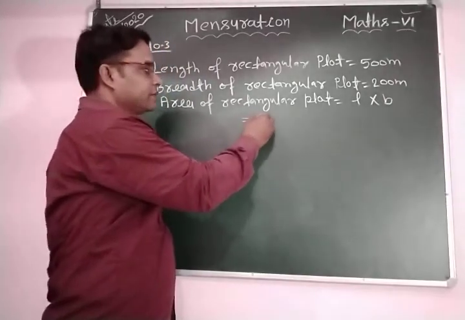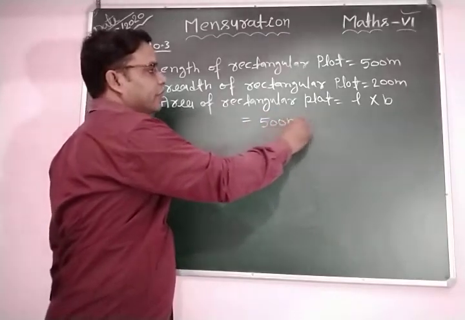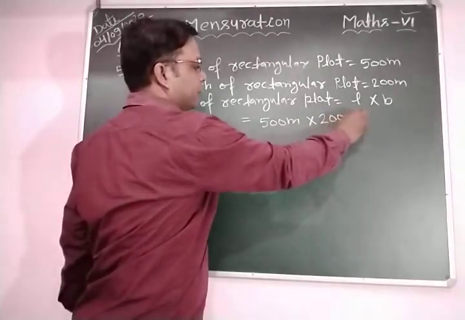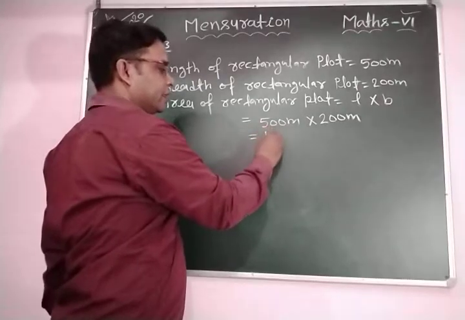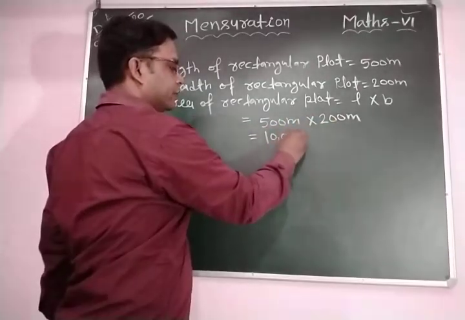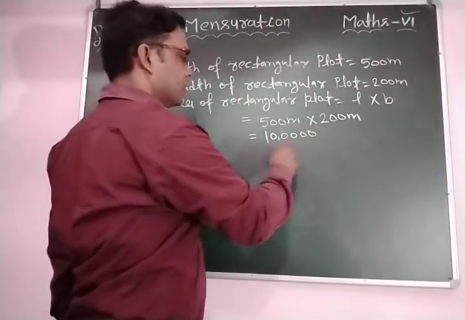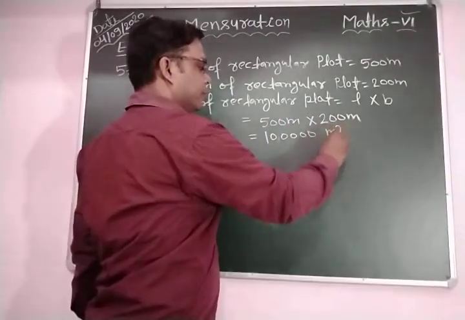So this is equal to, we can write here, length is given 500 meters into breadth is also given 200 meters. Multiply this, 5 times 2 is 10. After this how many zeros? 1, 2, 3, 4. You can write 4 zeros. Here meter into meter is equal to meter square.